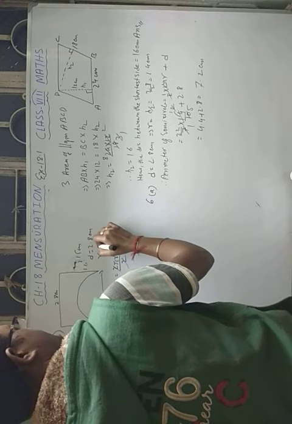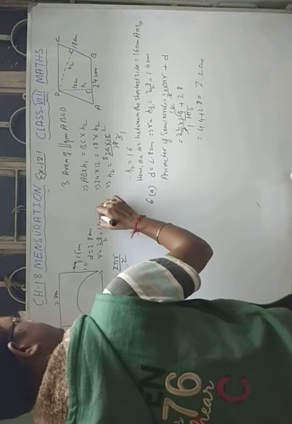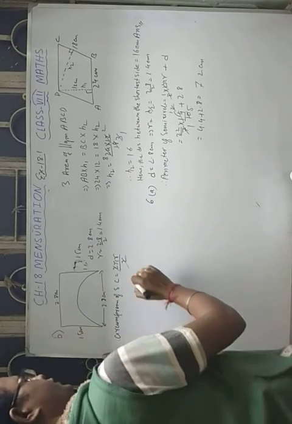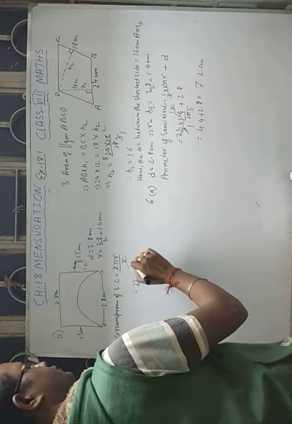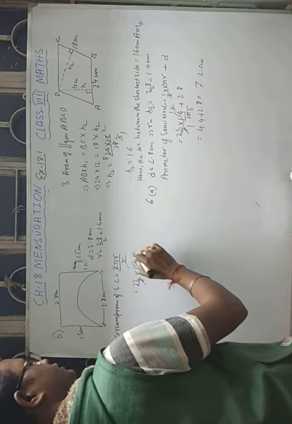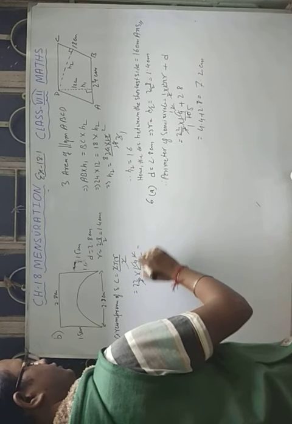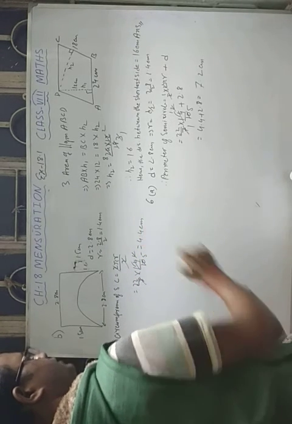So r is equal to 2.8 by 2, that is equal to 1.4 centimeter. So pi value is 22 by 7 into 1.4. 7 2s are 14, so it is 22 by 5, which is 4.4 centimeter.